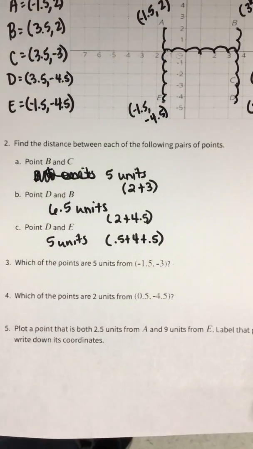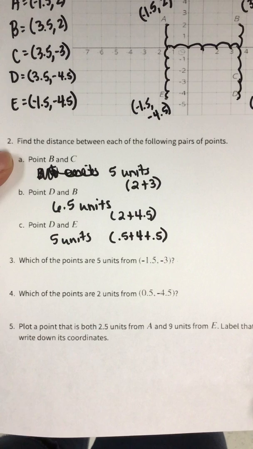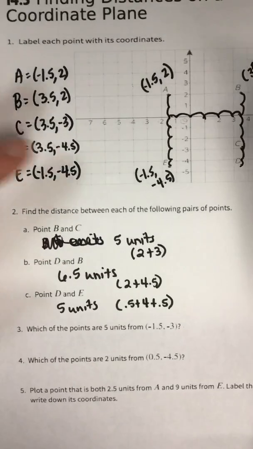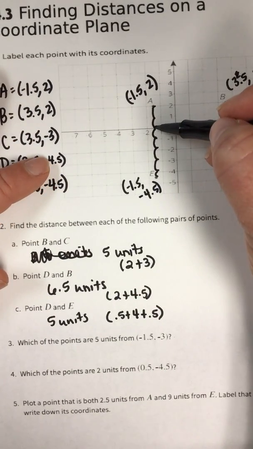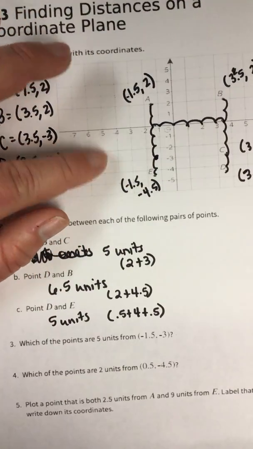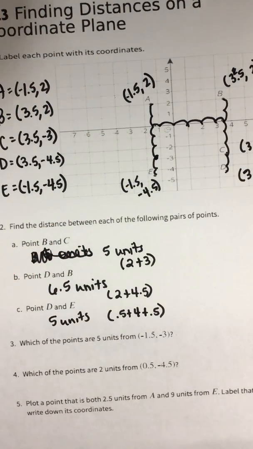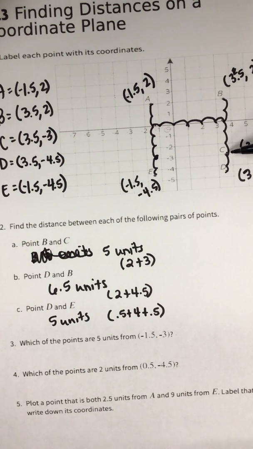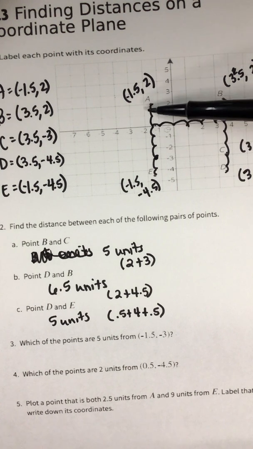All right, the next question says, which of the points are 5 units from -1.5, -3? So -1.5 and then -3 would be right here. We have to find out which point is 5 units away. Well, it's not going to be E. It could be C, and it could be A. So let's count 1, 2, 3, 4, 5.